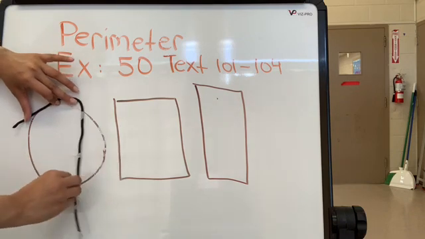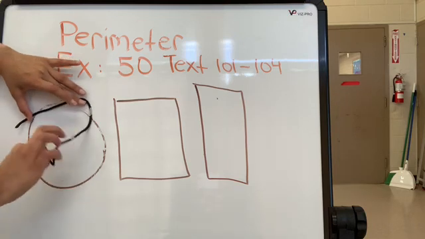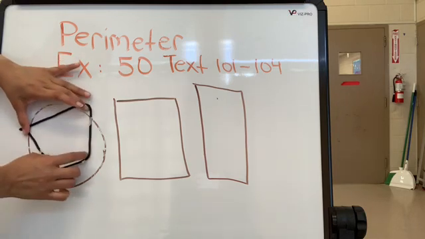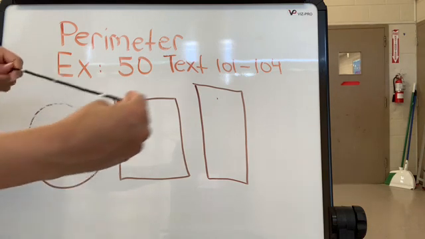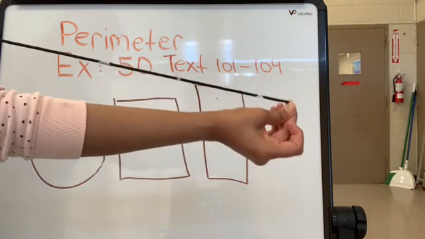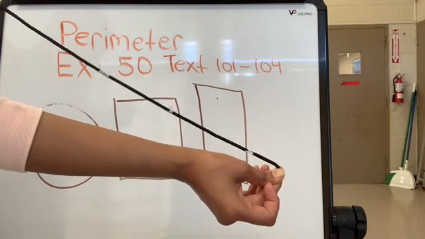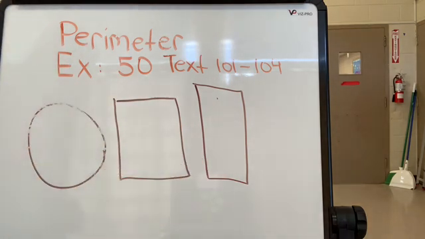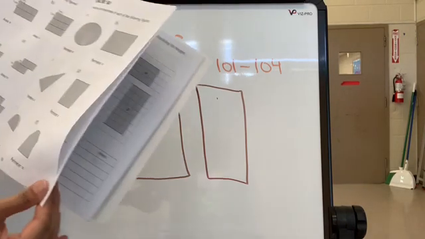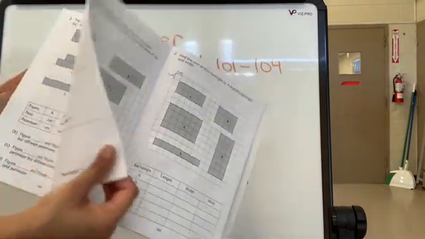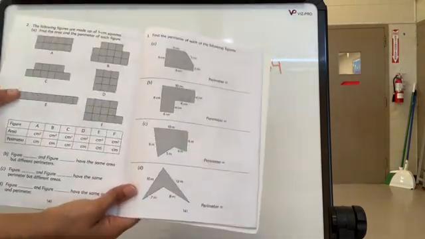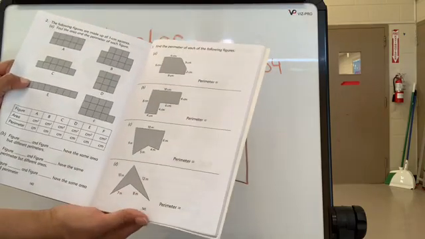And then once the circle is formed, all you would need to do is measure it using your measuring tape or a ruler. Either one would be fine, okay? And grade 3, after this lesson, you will be working in your workbooks. You'll be working on page 139, page 140, and page 141.